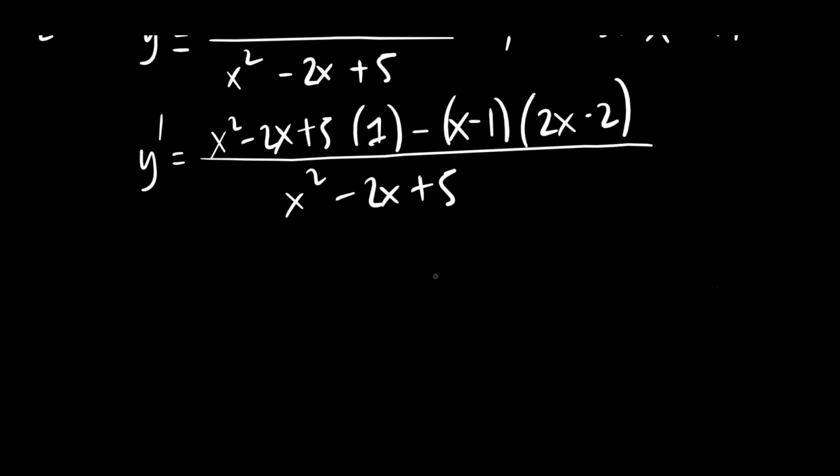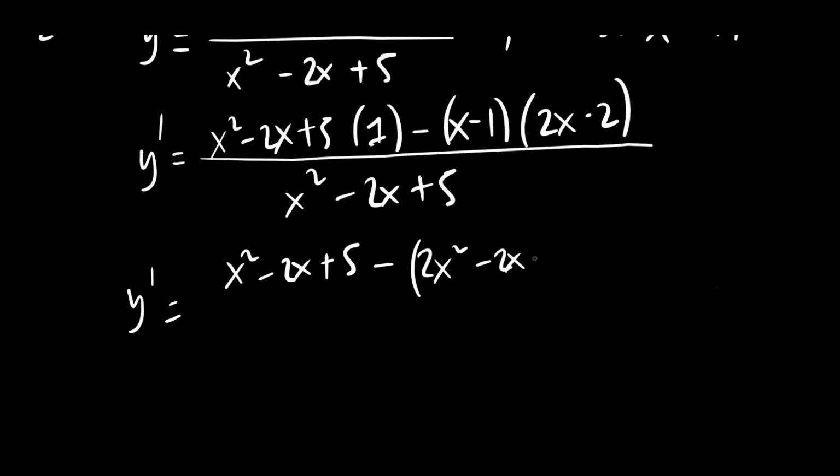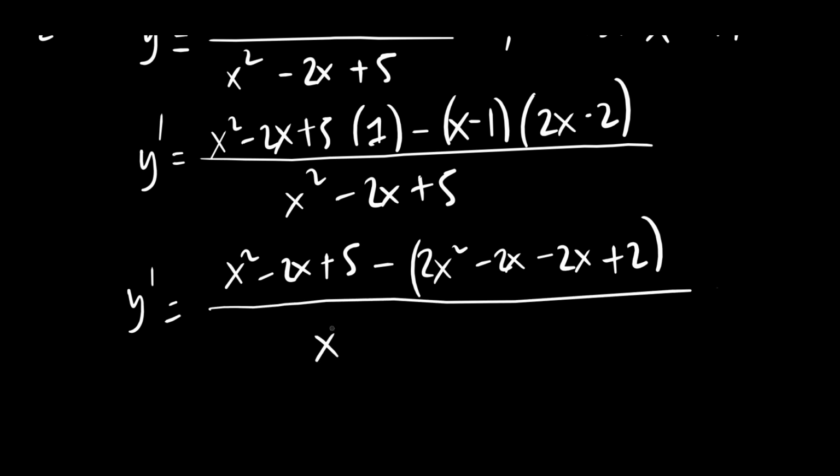So we will further simplify. So y prime is just equal to x squared minus 2x plus 5 minus, so we have 2x squared minus 2x minus 2x plus 2, all over x squared minus 2x plus 5 squared.